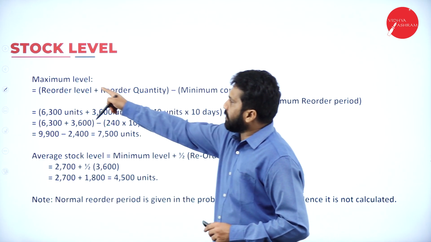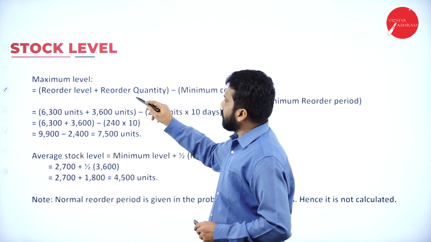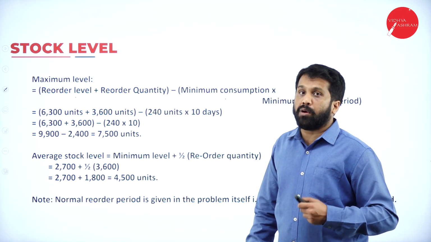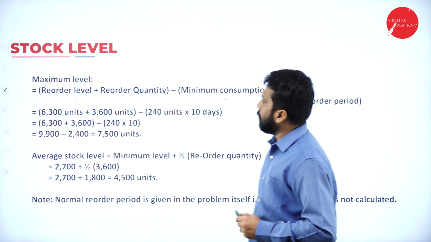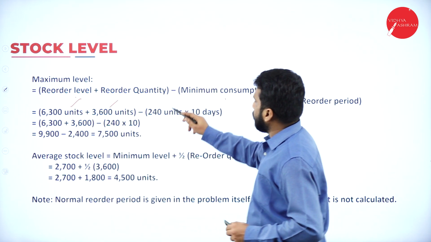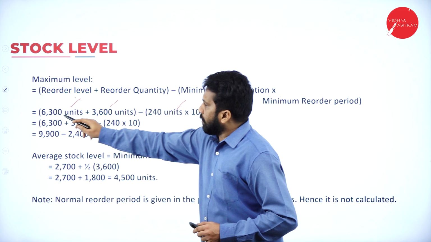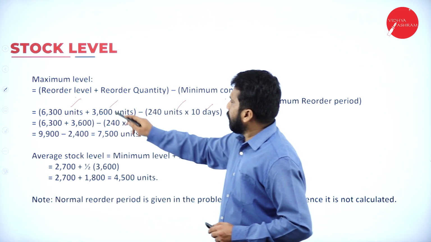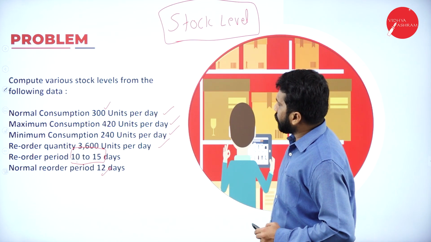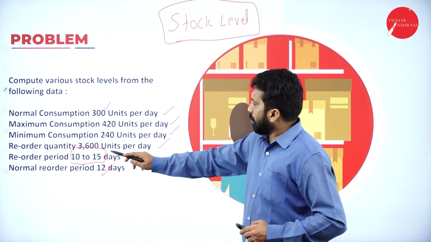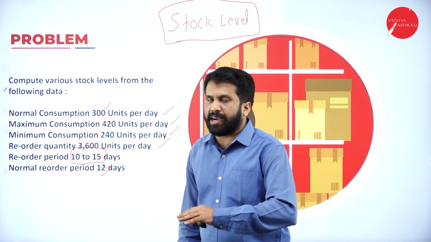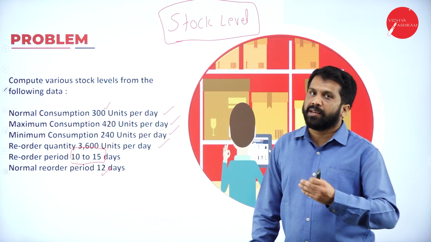Next one, maximum level: reorder level plus reorder quantity, minus minimum consumption into minimum reorder period. How to calculate? Simple. This plus this minus this into this. Reorder level, we already got the answer. Reorder quantity, go back to the question. You will get the information from the answer or else from the question.